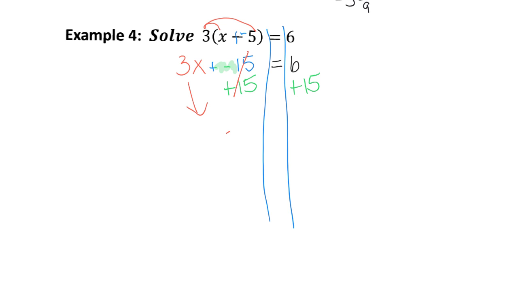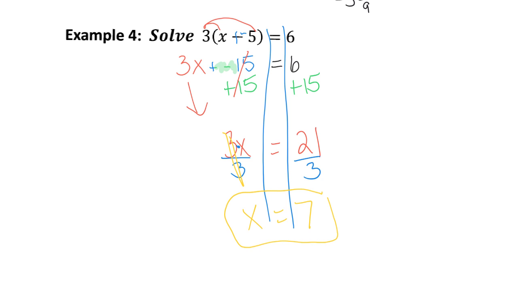My 3x comes down. 15 plus 6 is 21. Remember, there's implied multiplication, so we really divide on both sides. These 3's cancel. We bring the x down. 21 divided by 3 is 7. All right, so that's our answer then.